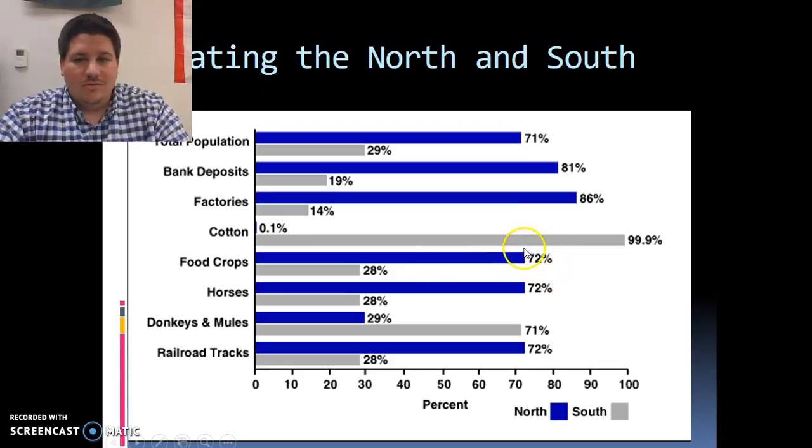The North, even though people think of the South as being more agricultural, actually has much better food production than the South at this time period. The North also has horses, which are still a key part of fighting wars in the 1860s. The Confederacy does have a donkey and mule advantage, 71%, but you're not going to be riding donkeys and mules in a battle.